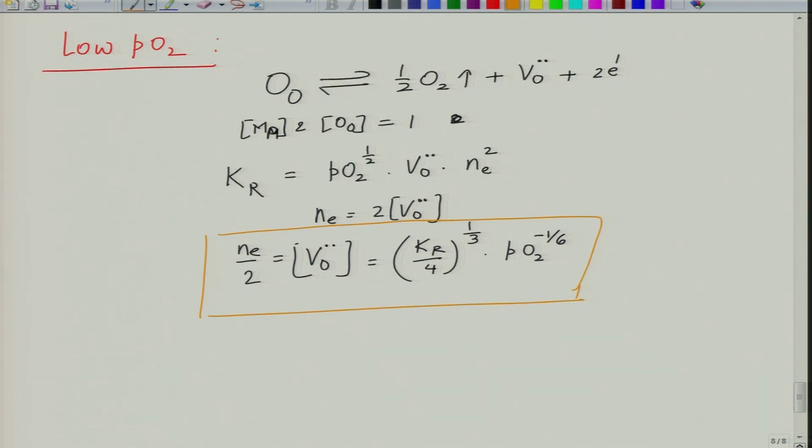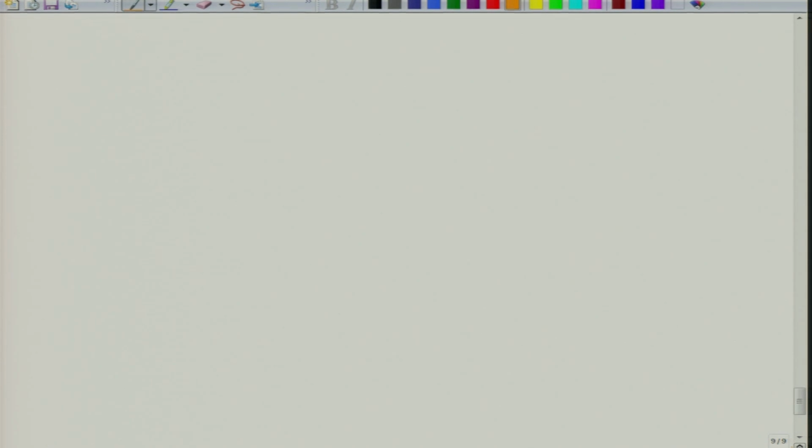Now, let us look at what will happen at high PO2 condition. At high PO2, we know that we have more oxygen in the ambient. As a result, oxygen gets into the system. So, let us say oxygen goes to an interstitial site and then it forms 2 holes. There is no site conservation problem because oxygen goes to an interstitial site, not to a lattice site. As a result, we do not need to create or destroy a site.